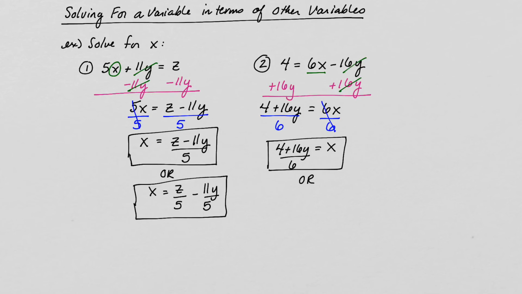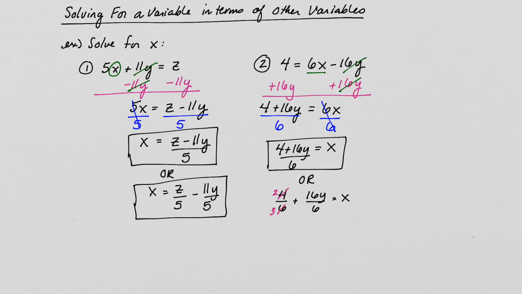You could also split the fraction up like I did in the last one. So I'd have 4 over 6 plus 16y over 6 equals x. And in this case, 4 and 6 both have a factor in common. So 2 goes into 4 2 times, 2 goes into 6 3 times.